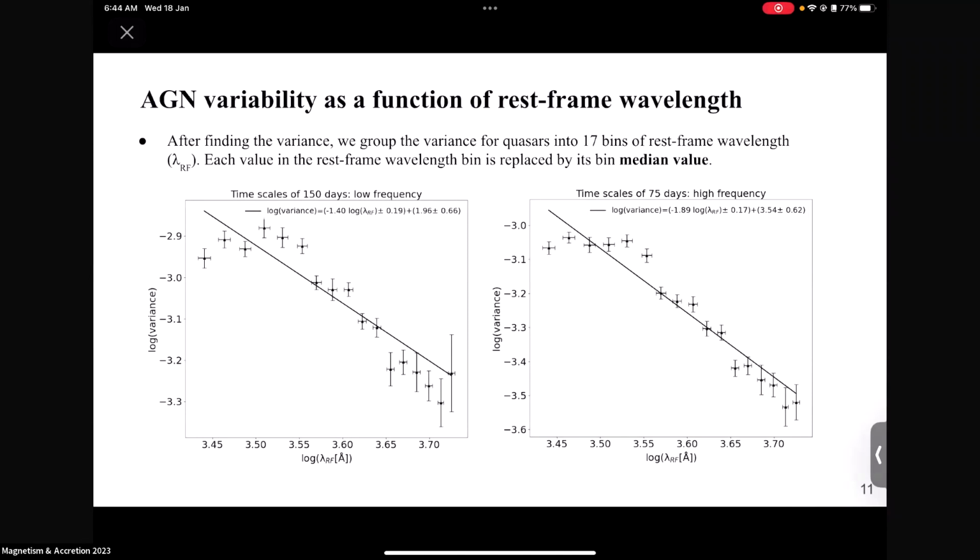But in this plot, if you see on the x-axis between 3.50 to 3.55 and 3.65 to 3.68, there are some wiggles. So we wanted to understand the reason behind these wiggles.